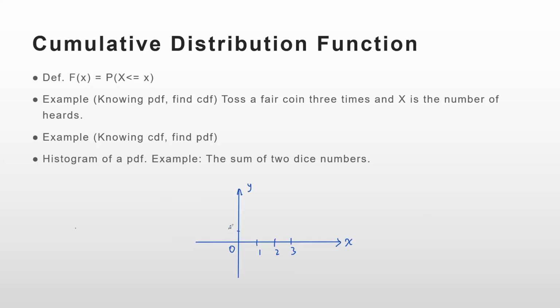We have one bar here, and then you have two and three. I think the top is the largest probability of those outcomes of the random variable, which is 0, 1, 2, 3.